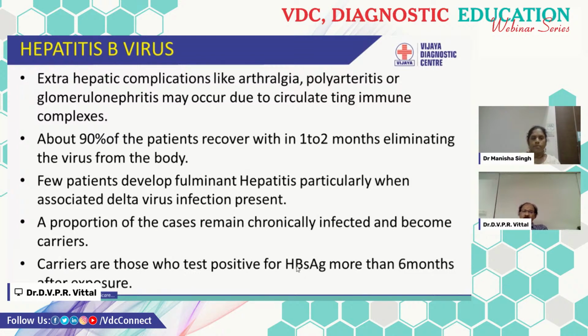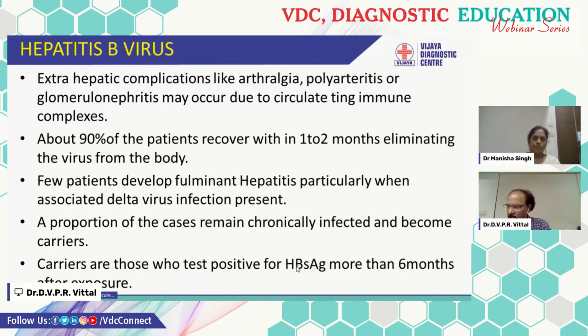Now, about 90% of the cases usually throw the virus out of their bodies within 1 to 2 months, and total elimination of the virus and its antigens takes about 6 months in patients who do not become chronic patients or chronic carriers of hepatitis B.